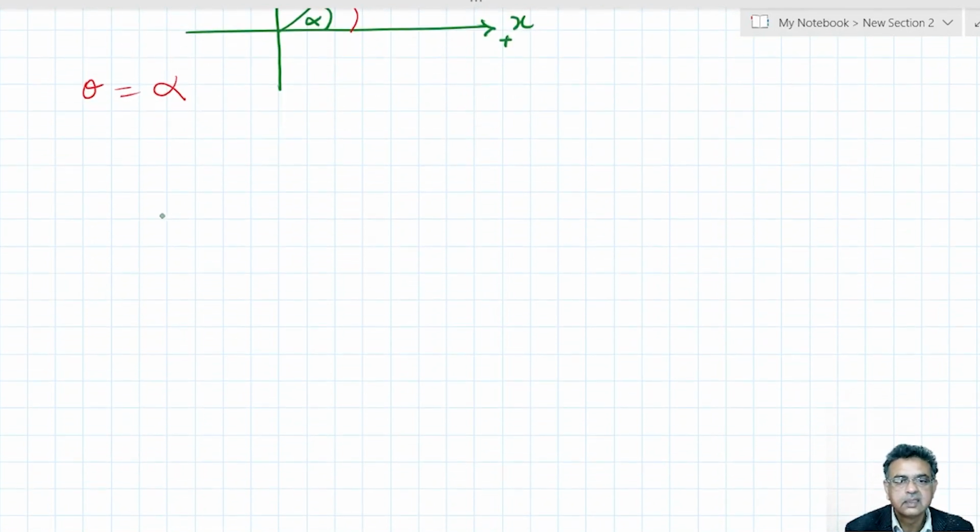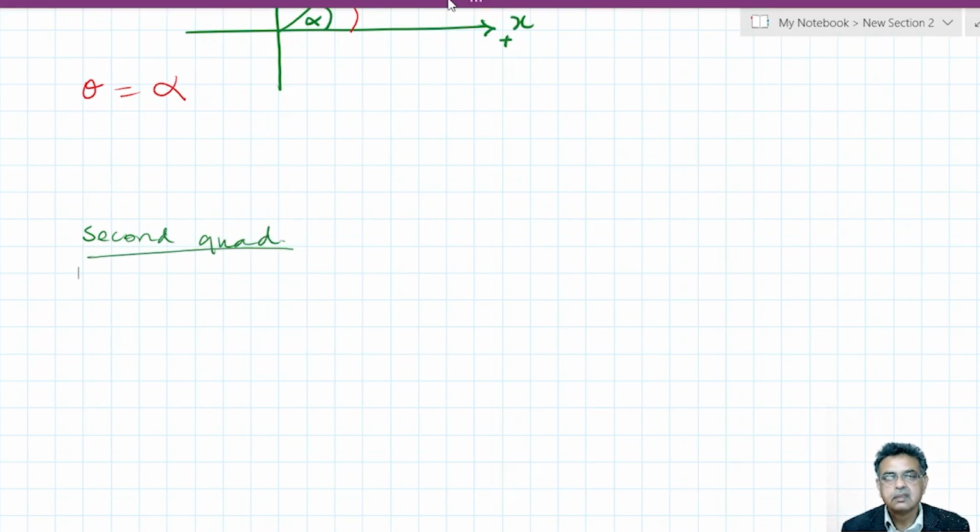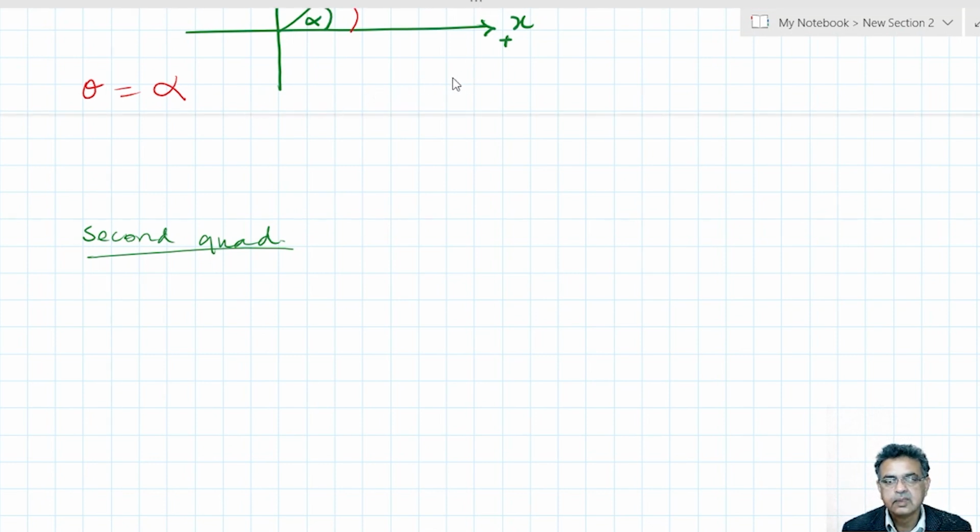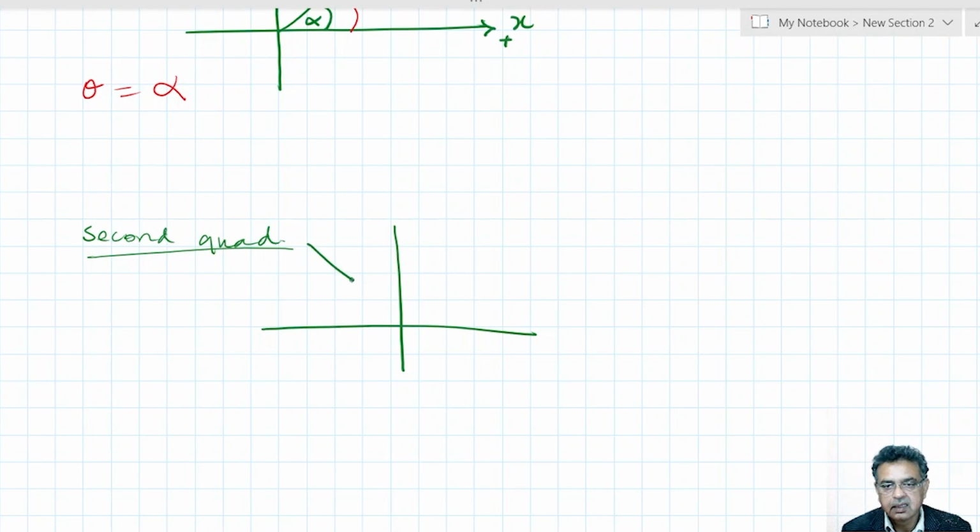Okay, now in the second quadrant, if the line is here in the second quadrant, this angle is alpha, and this angle from this side is theta.